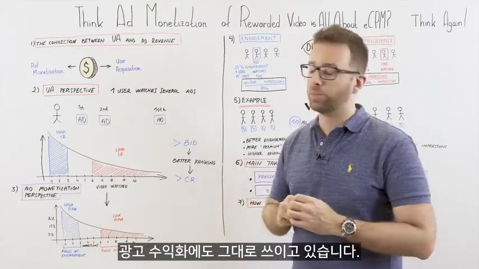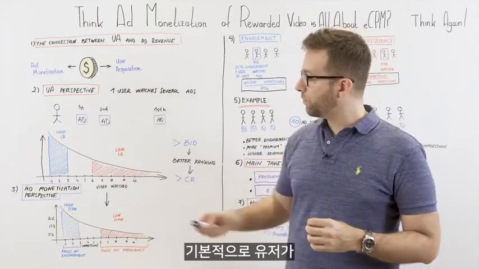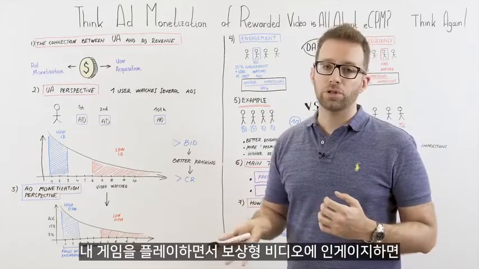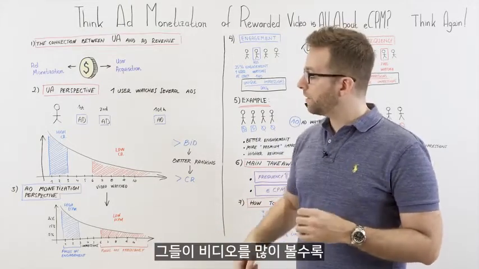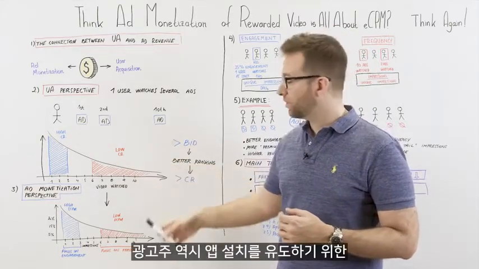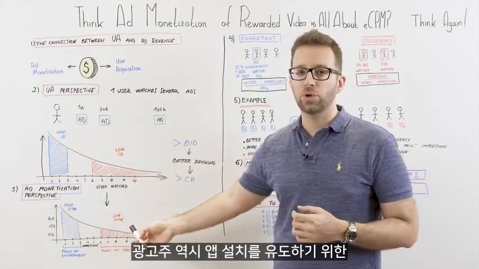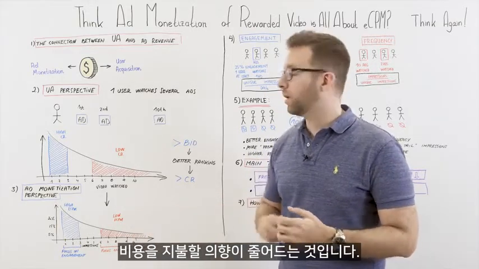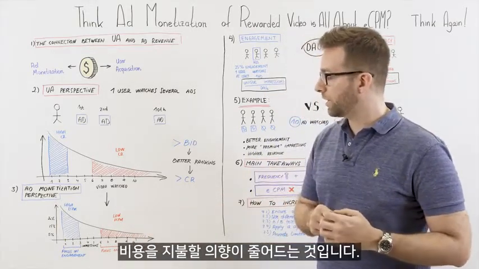When users play our game and engage with the rewarded videos, the more videos they watch, the lower the conversion rate will be, so the less the advertiser is willing to pay to drive installs to their application.